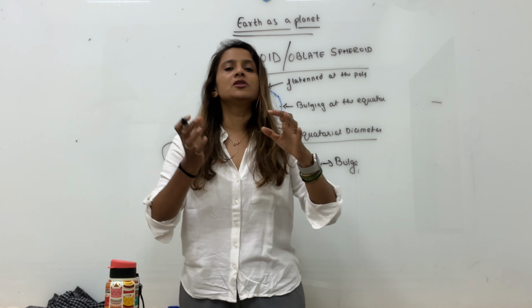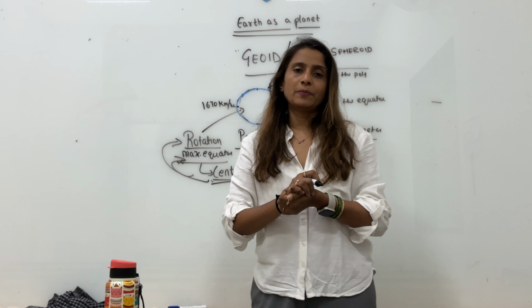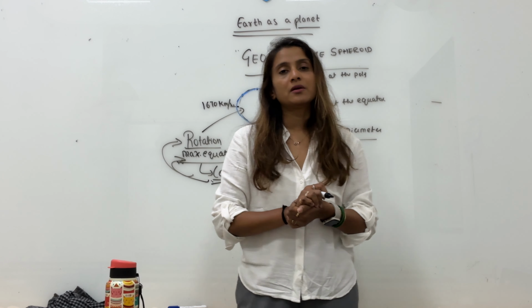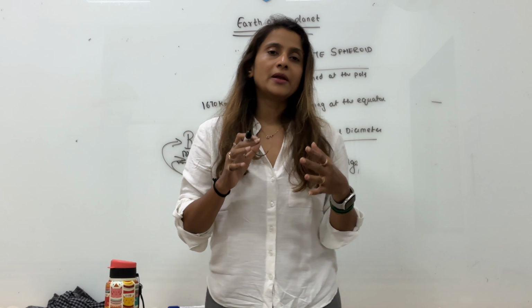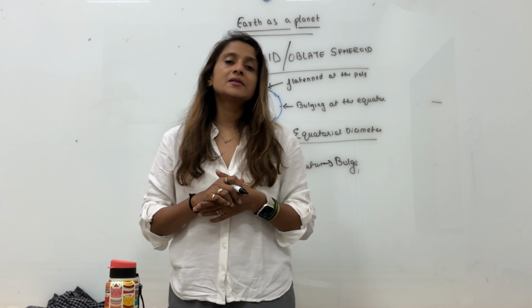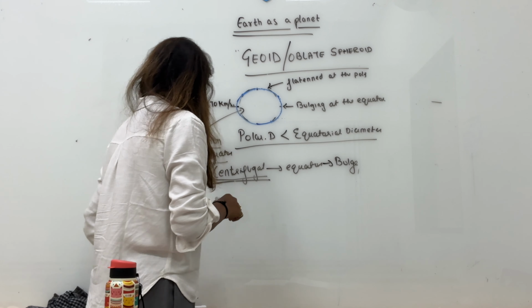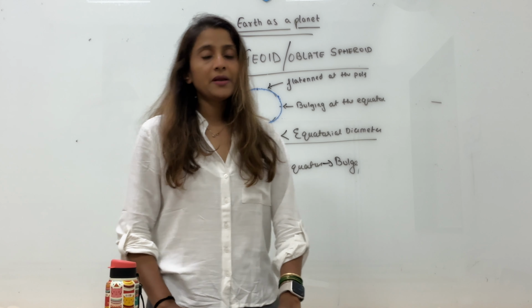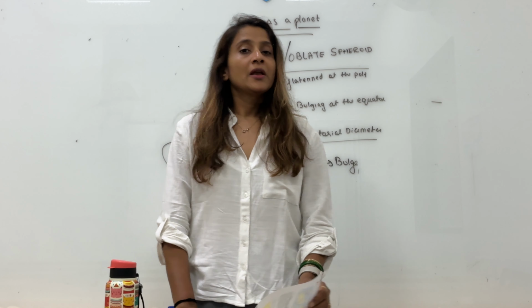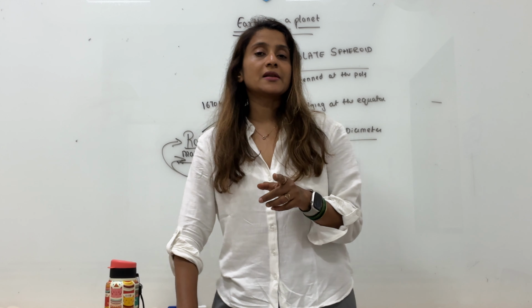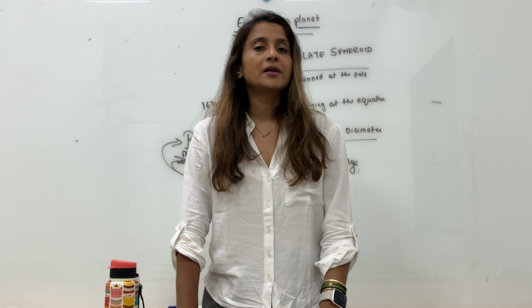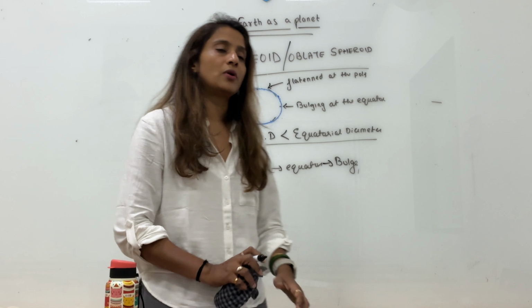This is why Earth is not exactly a sphere and Earth is an oblate spheroid. Again, everyone, please make sure to learn this properly. And how did we discover that Earth is not exactly a sphere? Because there was a difference in polar and equatorial diameter. It was found out that equatorial diameter was more than polar diameter.